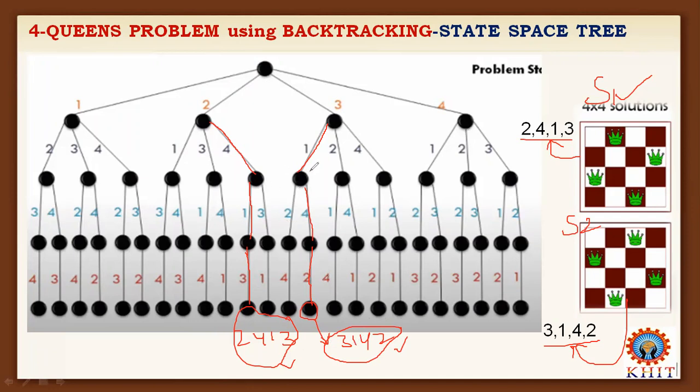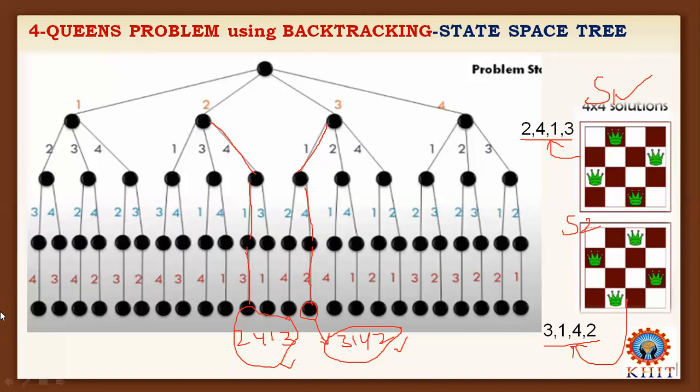Remaining all are considered possible ways of placing the queens on a 4x4 chessboard. This tree structure is considered a state space tree.